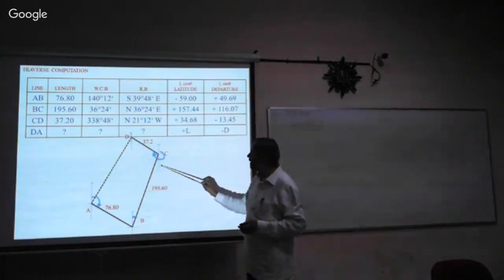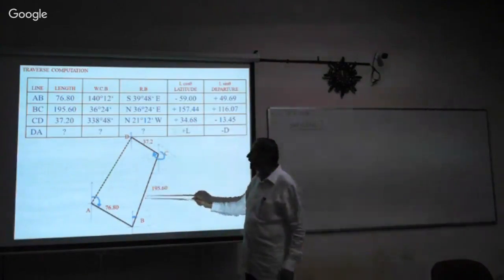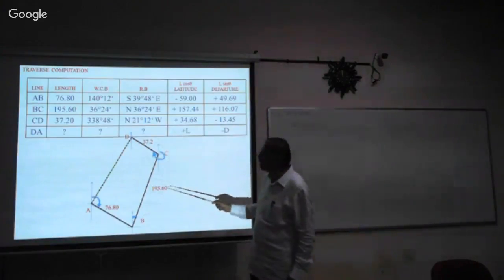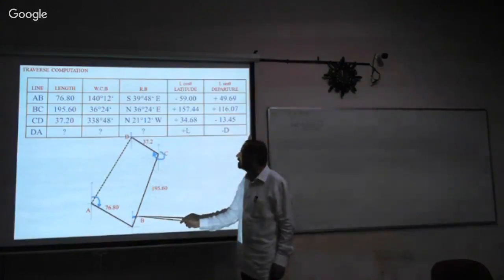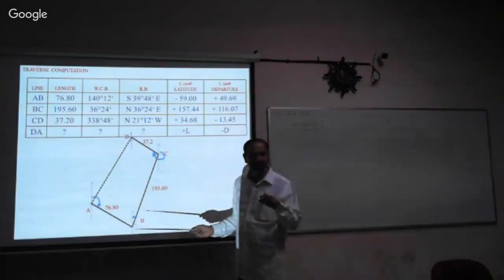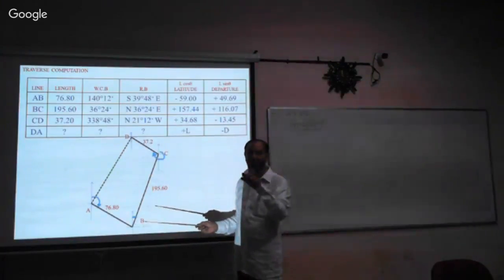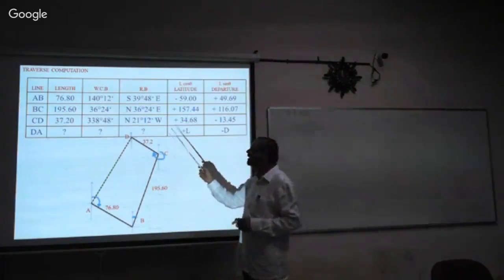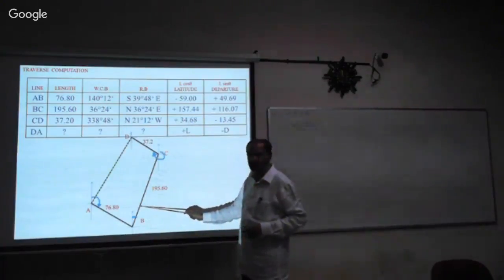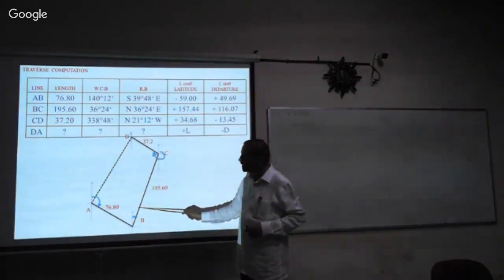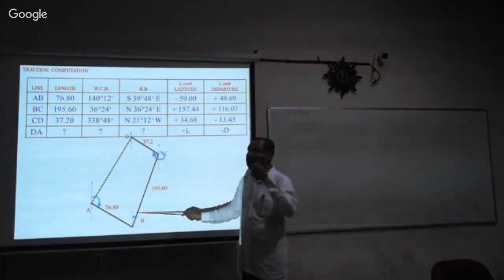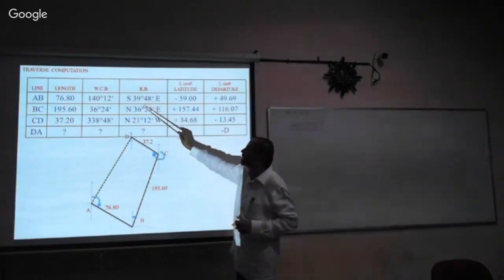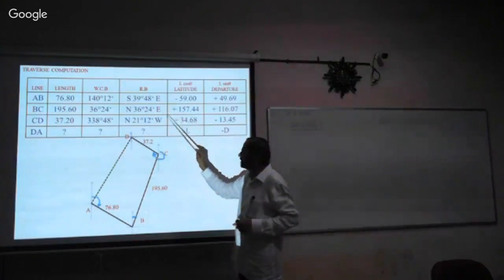This is the second survey line. The length is given as 195.6 meters, and the whole circle bearing is 36 degrees, 24 minutes. Therefore, the reduced bearing is also 36 degrees, 24 minutes, because the survey line BC is lying in the first quadrant, that is northeast.